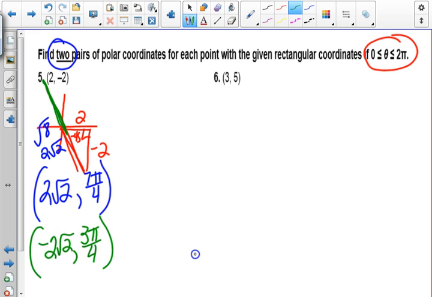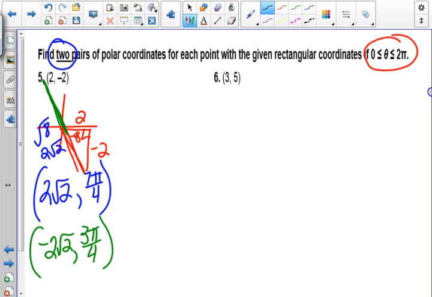Now, if you did all that on your calculator, you would have got decimals, right? When you typed inverse tangent negative 2 divided by 2, you would have got negative, and it's an ugly decimal because it's equivalent to pi over 4. And then you would add 2 pi to get a positive answer.